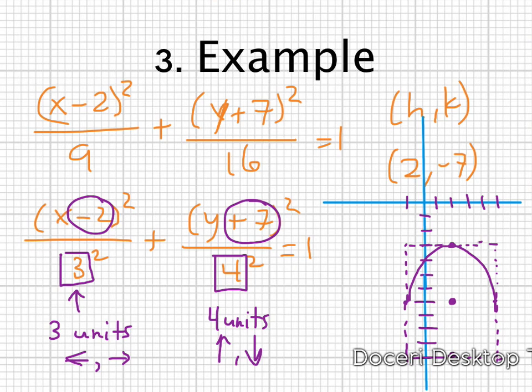Okay, so then I would make my ellipse like that, and that's how it's done. I go 3 units in each direction here, and 4 units down and up. That's how you graph an ellipse when it's in standard form. That's as easy as it gets.